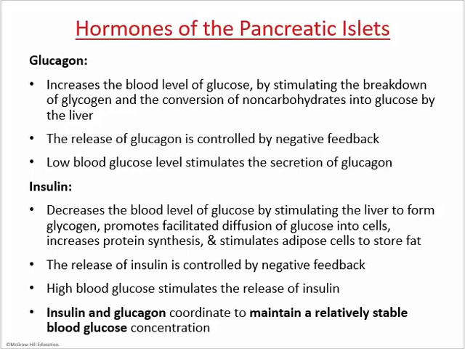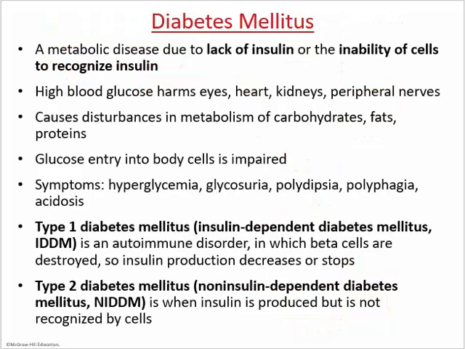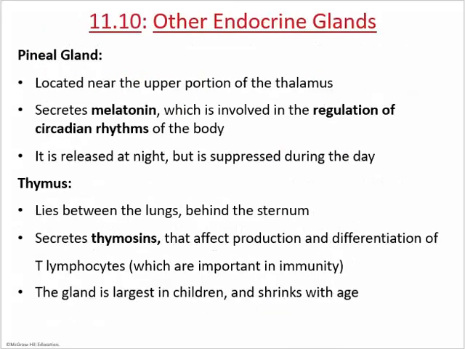Insulin decreases blood glucose by making it go into cells, increasing protein synthesis, and it stimulates lipogenesis, making adipose cells store fat. Again, it's a negative feedback system. You can follow along with that. Diabetes is obviously a problem with that.